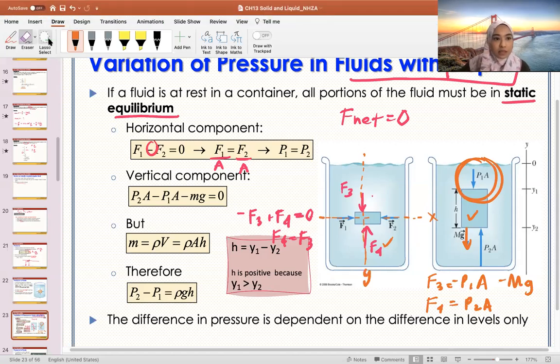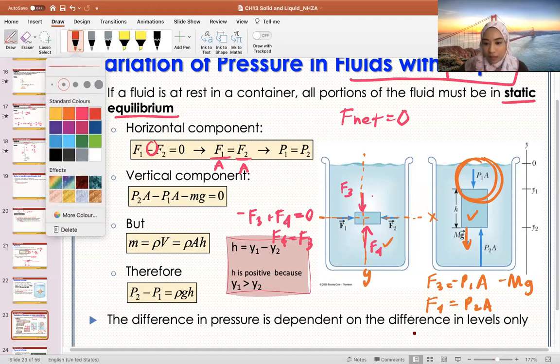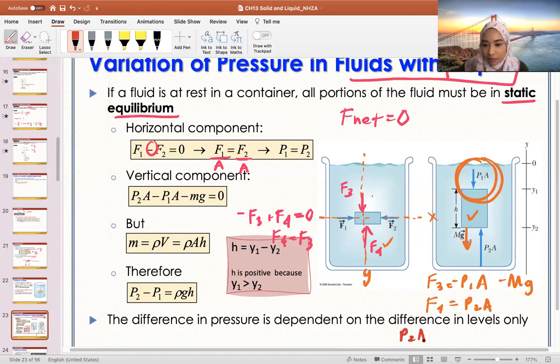So F3 plus F4 is actually P2A minus P1A minus mg. That is your vertical force equals to 0. Sama tak? Sama.